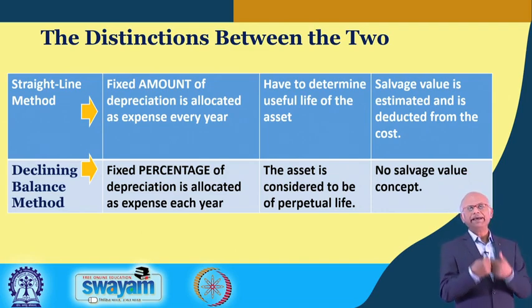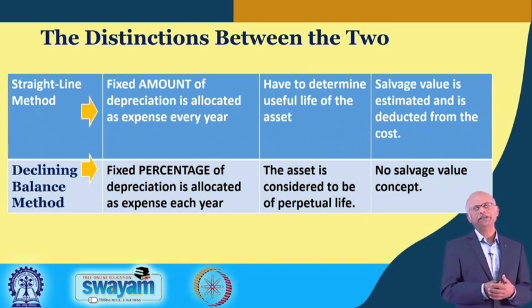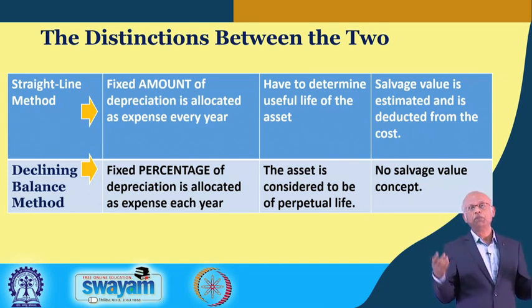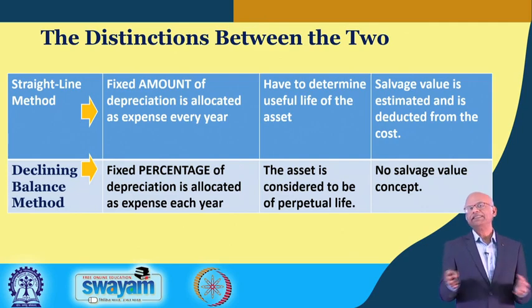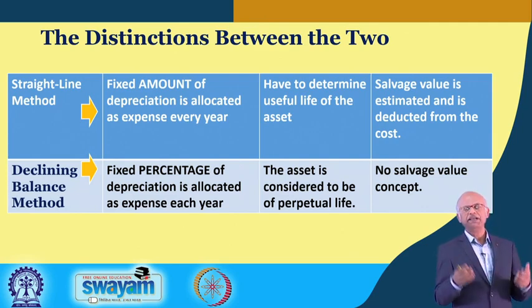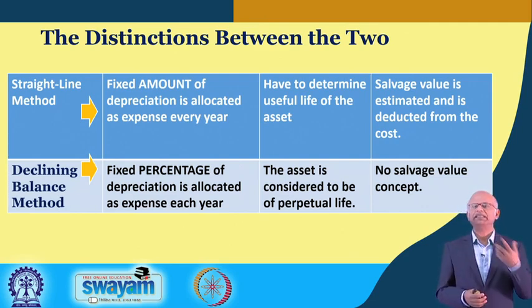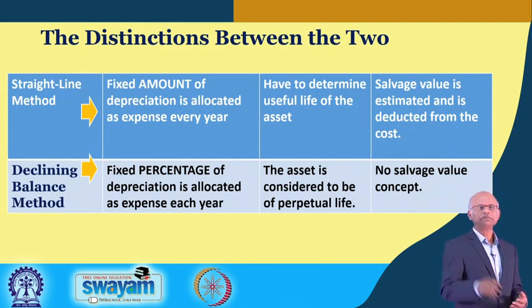In fact, the asset is assumed to have perpetual life, meaning infinite life. If you allow depreciation as a percentage of the opening book value, the asset will never ever become 0, whereas in a straight line method it will.